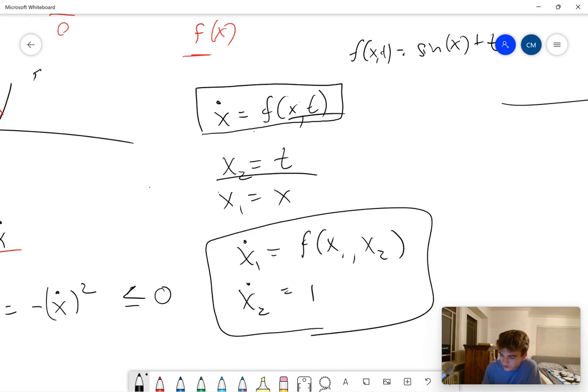So I'm left with this system, which doesn't have any explicit time dependence, but we now have increased the dimension of the system by 1. And so we're going to learn how to analyze systems of these higher dimensions, but we're not going to worry about the time dependence because we can always just expand the dimension of our phase space to account for any time dependence that we might have. This is a really useful trick to know about.